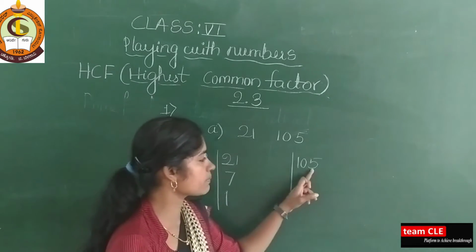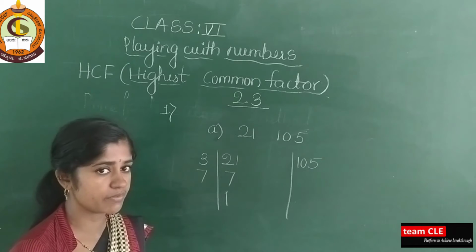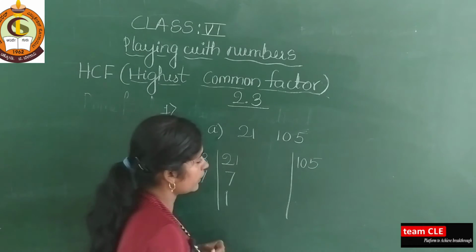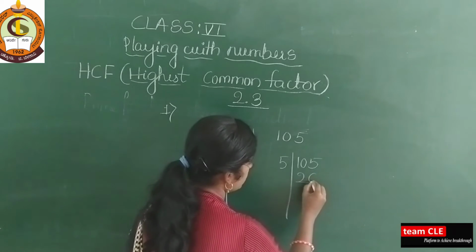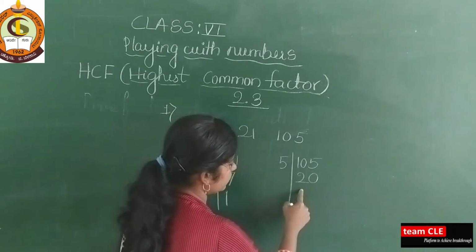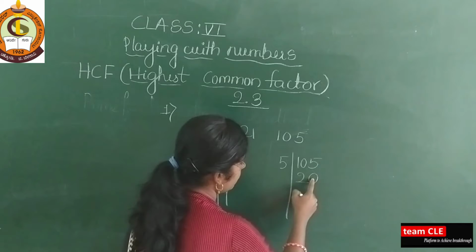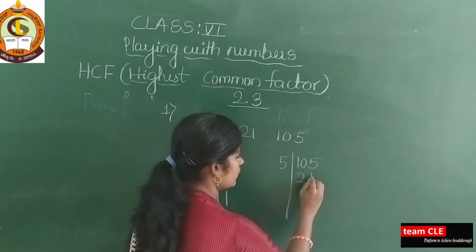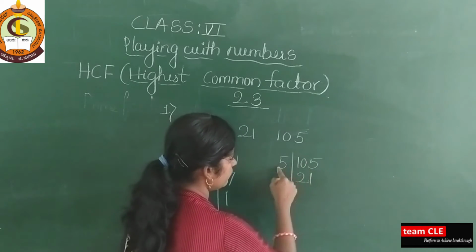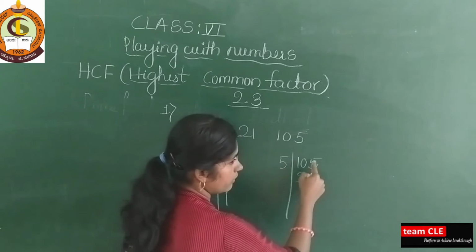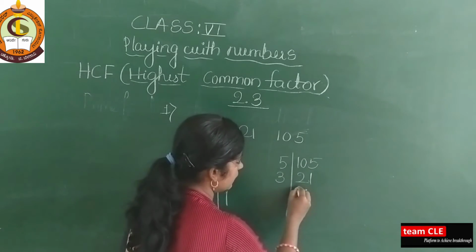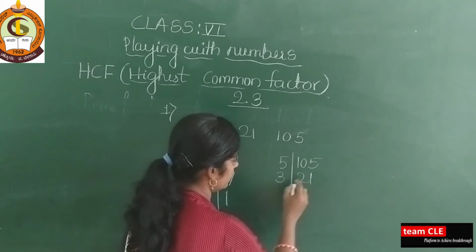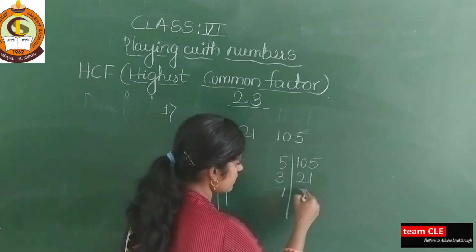Yes, here in one's place 5 is there, means that number is divisible by 5. So take here 5 2s are 10 and 0 as it is, 5 1s are 5, means 5 21s are 105. Next 3 7s are 21, 7 1s are 7.